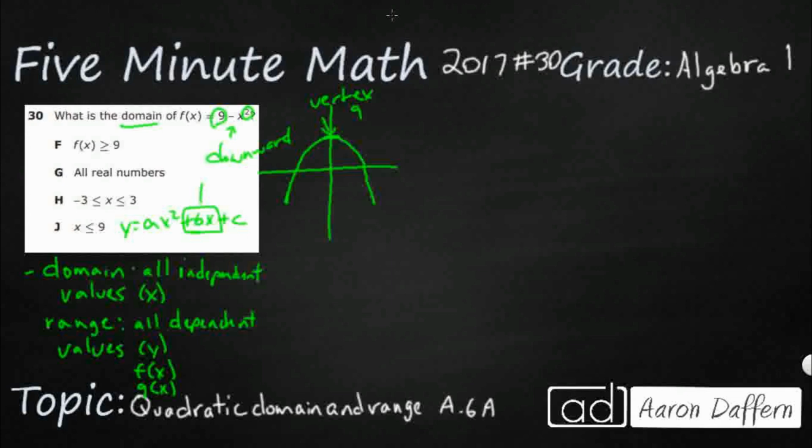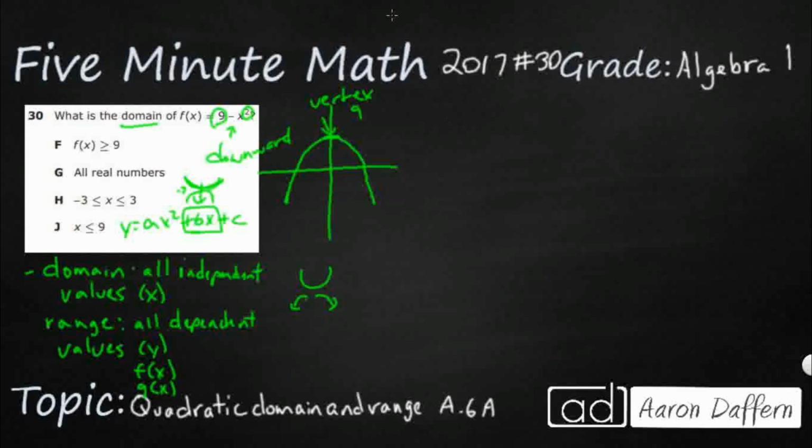The bx term would shift it to the left or right, depending on whether it's a downward or upward facing parabola. We don't have that here, so we know it's going to look like that.